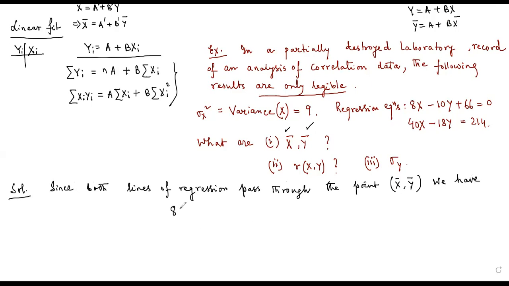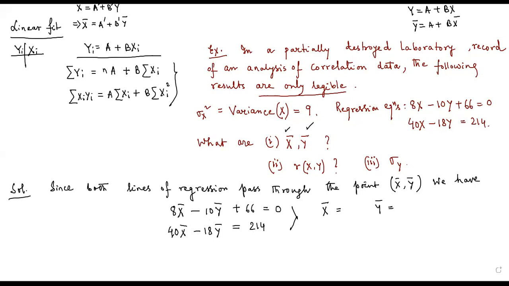One equation is 8x bar minus 10y bar plus 66 is equal to 0, and 40x bar minus 18y bar is equal to 214. We have these two equations. I am asking all of you to take some time and try to find out the value of x bar and the value of y bar. So I'm waiting for your reply.